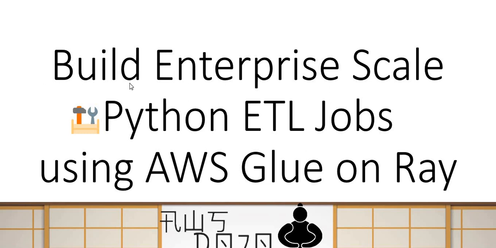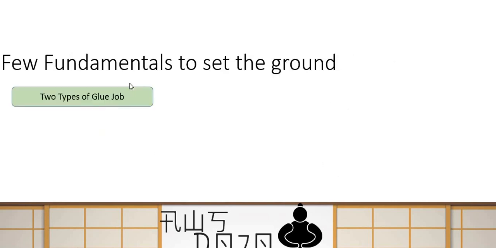So the first one is that when you're trying to create a Glue job, there are two types of job you can create. You can create a Spark job. Basically, you create a PySpark based job which uses the Apache Spark execution engine to do processing of a large amount of data for ETL purposes. You can also use Python shell for the scripting purposes or ETL job purposes.